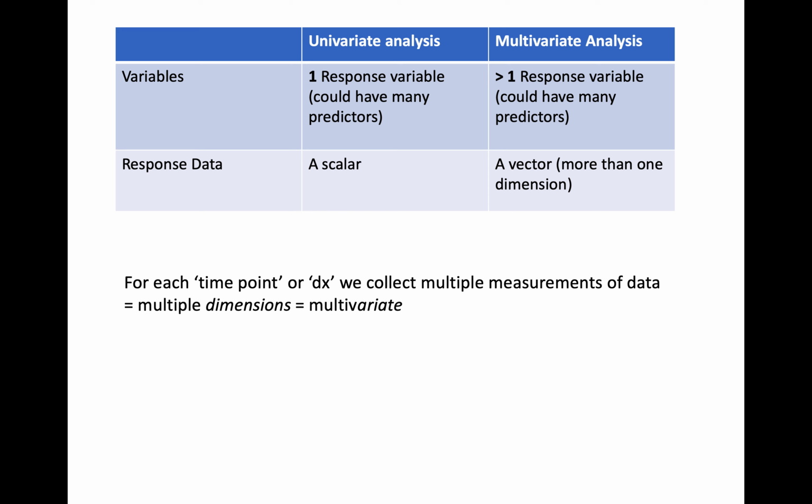An example would be I took a sample of plankton from the ocean, and I'm counting at each depth all sorts of different species. So every depth has many response variables. I can look at copepods. I can look at the assemblage of species in my data.